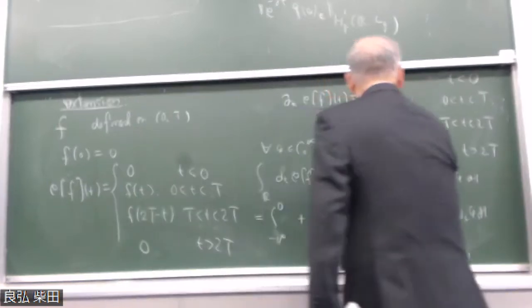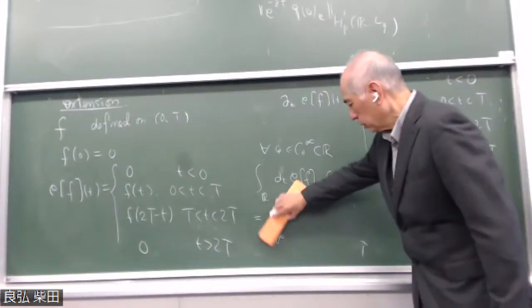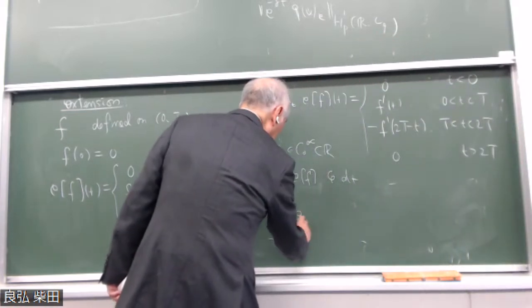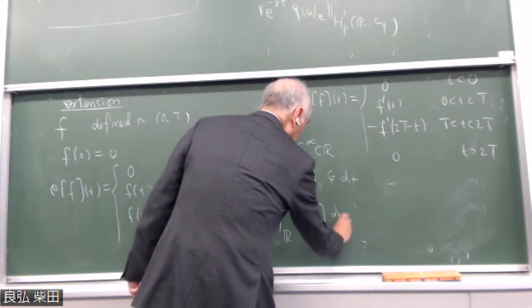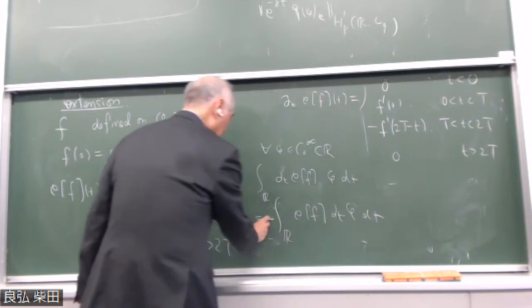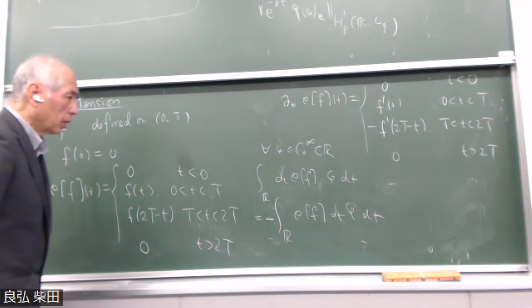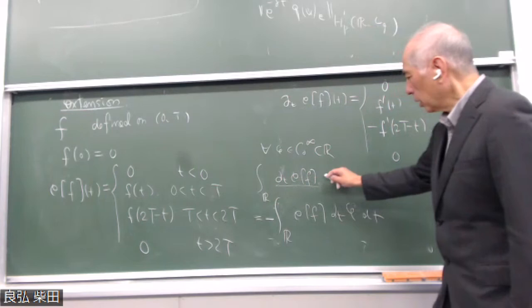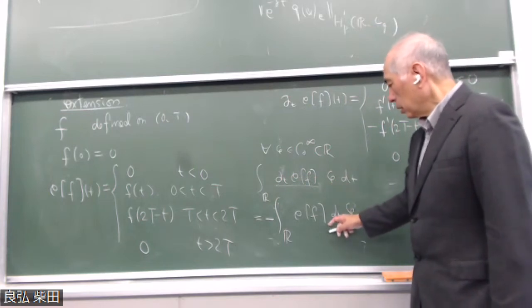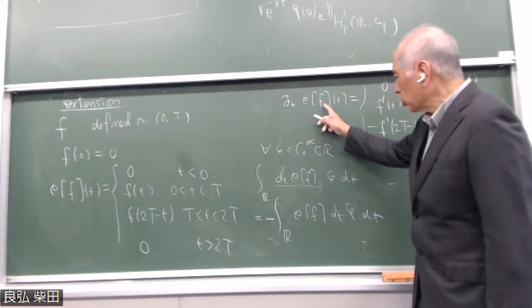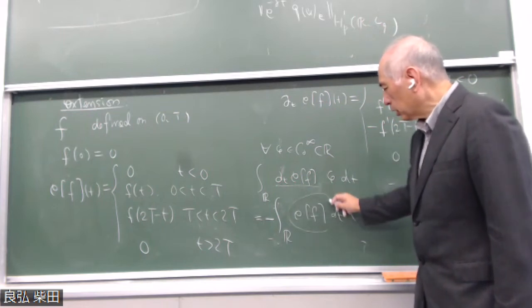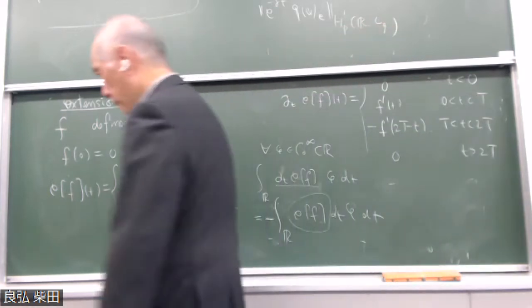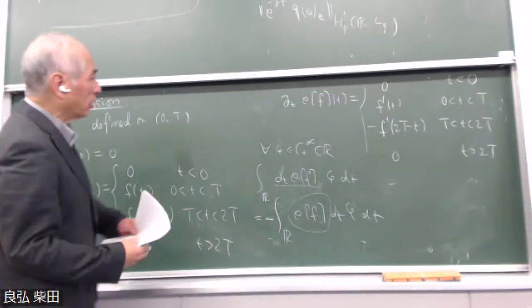Therefore, in this way, you can show that this is equal to the integral over R of the extension of f times dt phi. This means that the distributional derivative with respect to time t is just the same as this one.